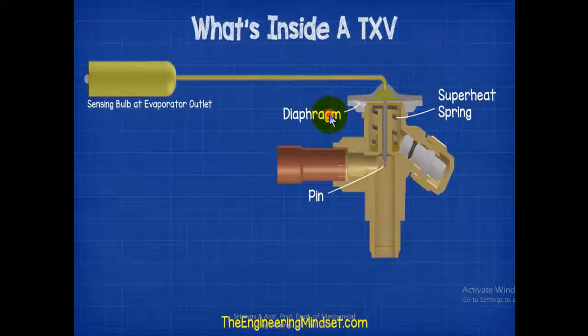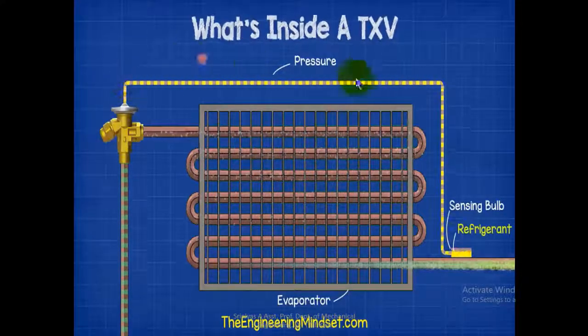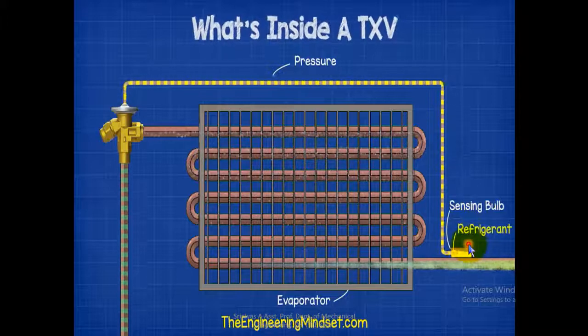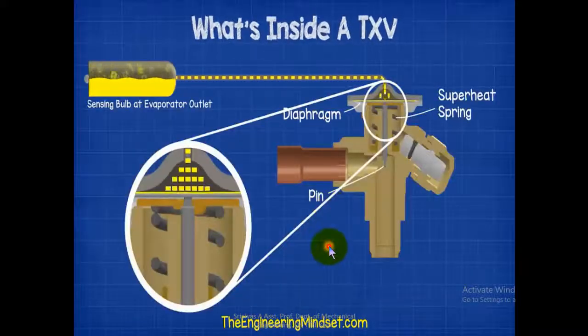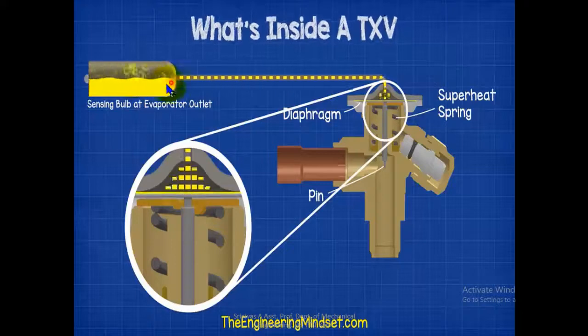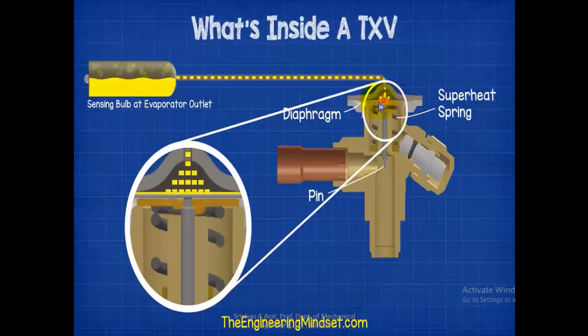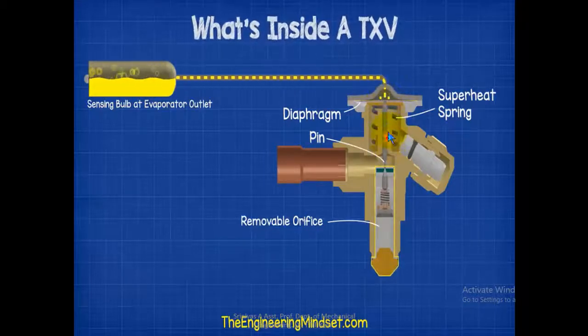So here we will discuss how this expansion valve works. This is the expansion valve, and it has a sensing bulb. It detects the temperature at the exit of the evaporator coil. If the temperature is high, the bulb senses it, and whatever liquid is present there gets evaporated and pushes the diaphragm. This is the diaphragm, and this is the pin.